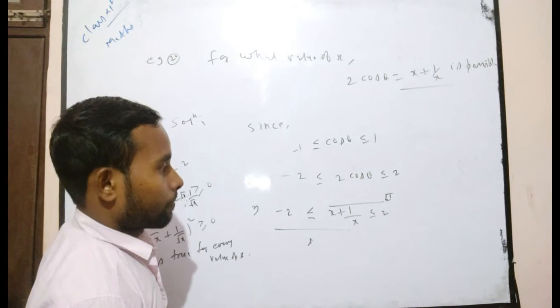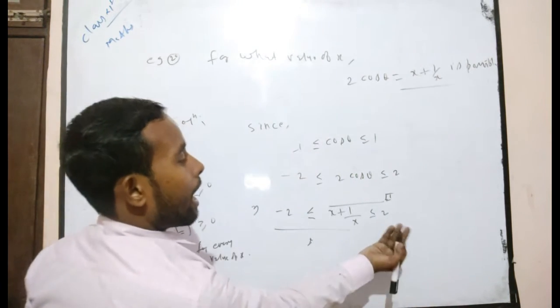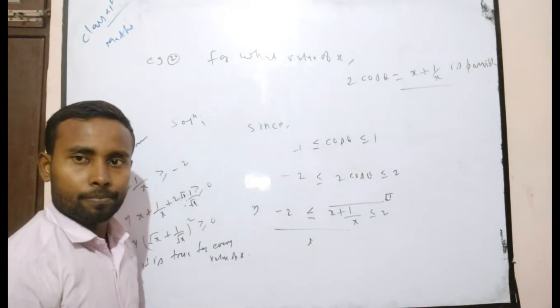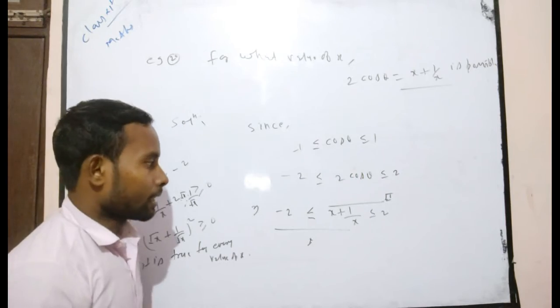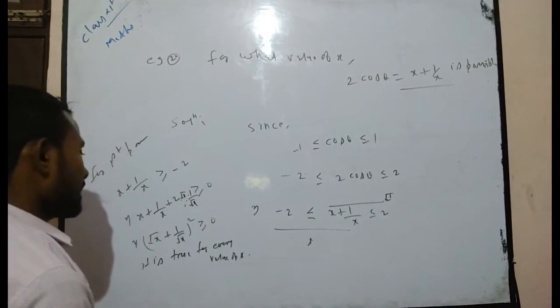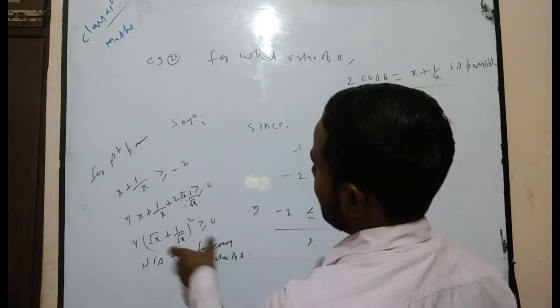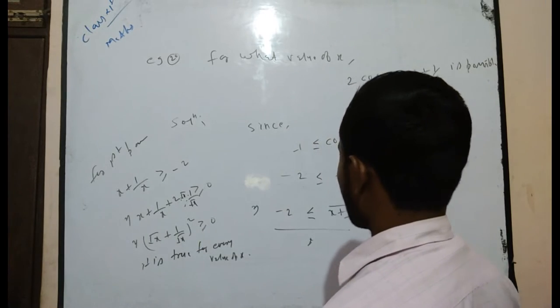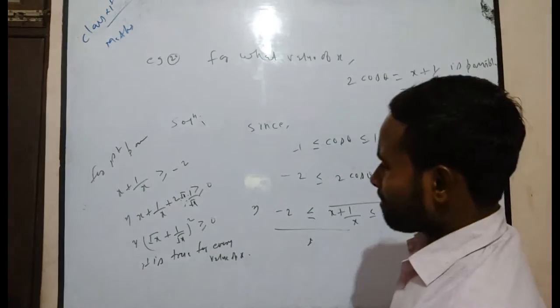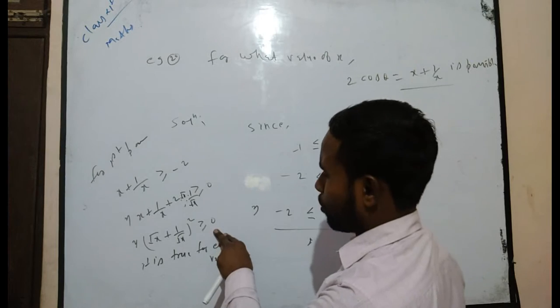But if you take the right side part, then what do you consider about this problem? I want to ask another concept. It is always greater than or equal to 0.